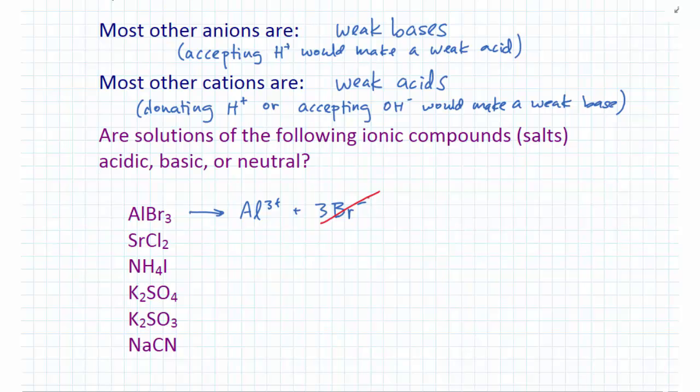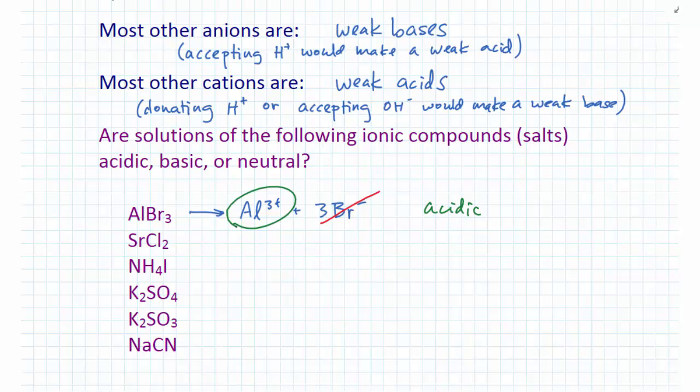So the solution of aluminum bromide would be what overall: acidic, basic, neutral? Look at what most other cations do. It's acidic because of the aluminum ions. Cations are usually acidic unless they came from sodium hydroxide or calcium hydroxide or something like that. Those are just neutral.